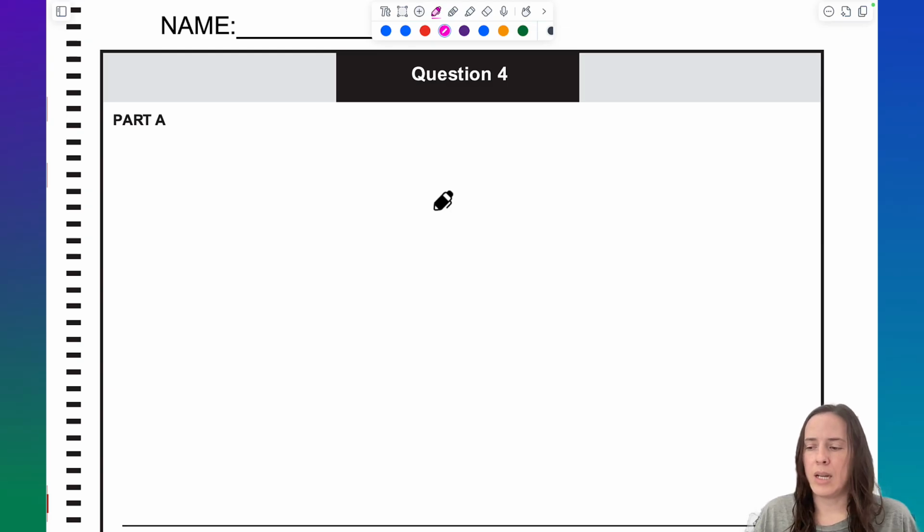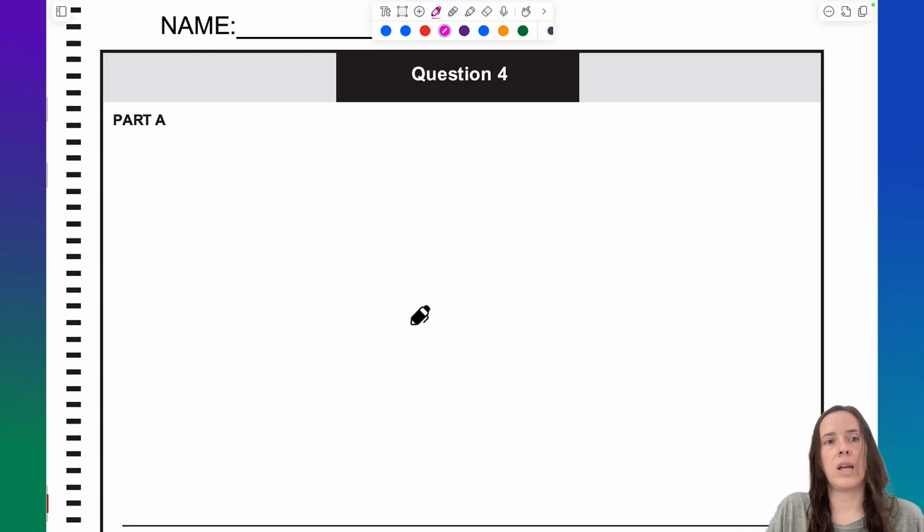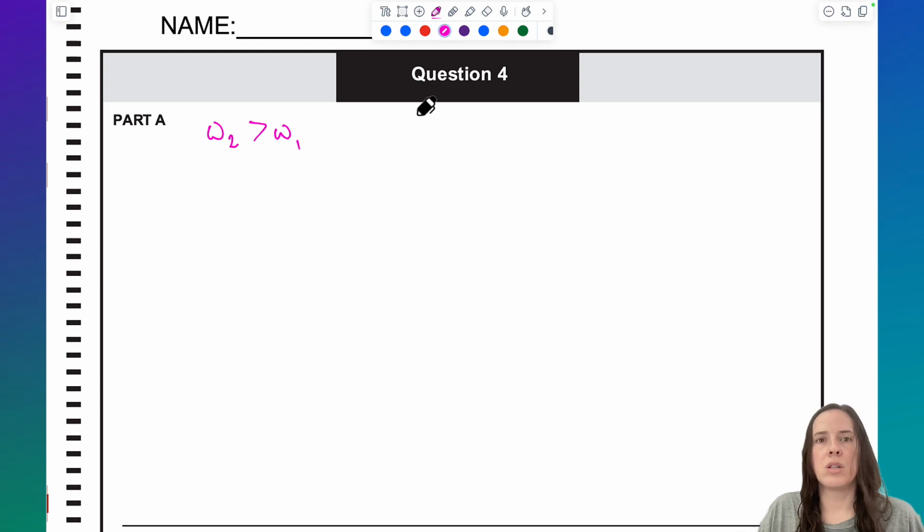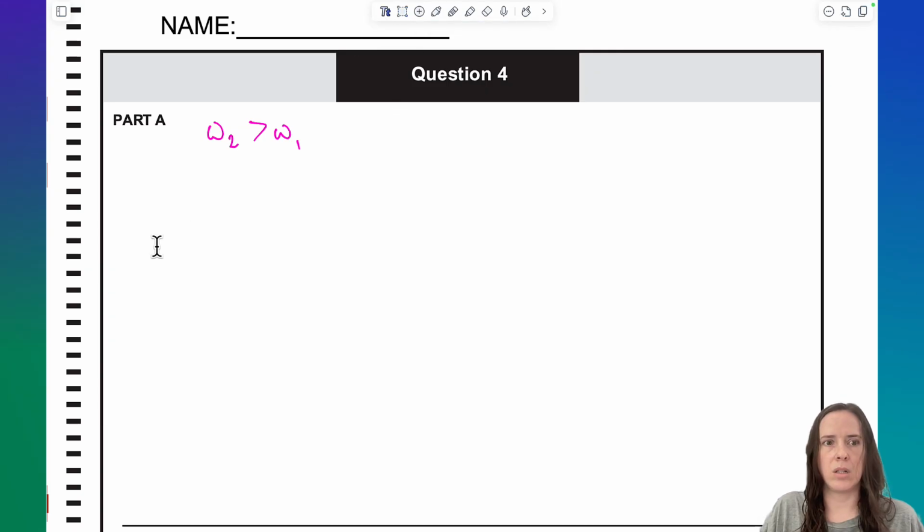For part A, we wanted to indicate whether omega 2 is greater than, less than, or equal to omega 1, and that is omega 2 is greater than omega 1. You can actually justify this in 2 different ways. I'm going to use our text box for this one.